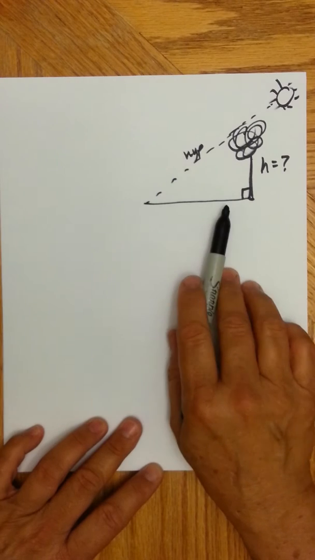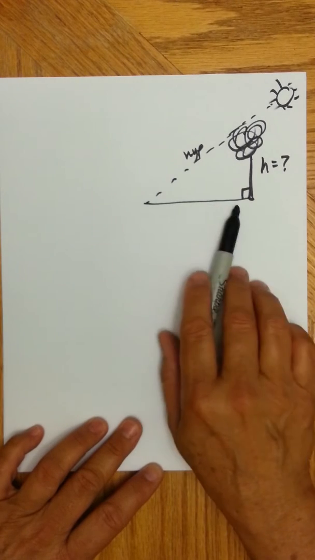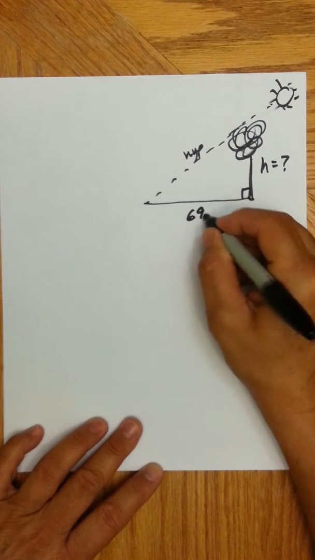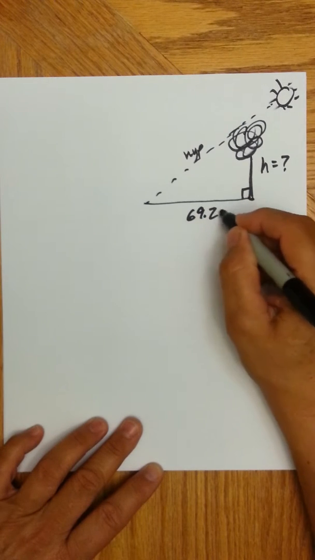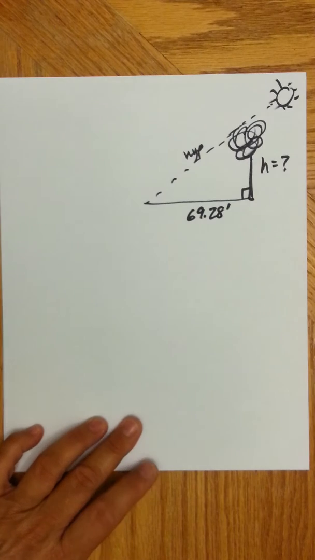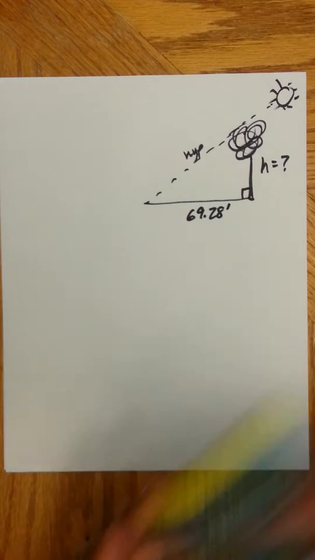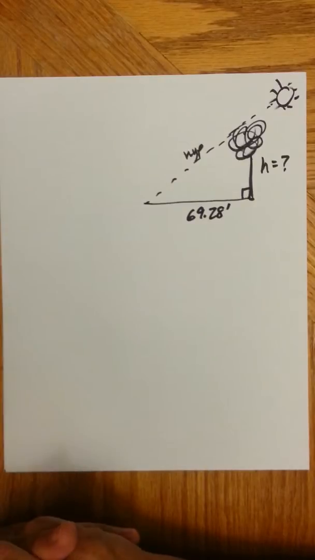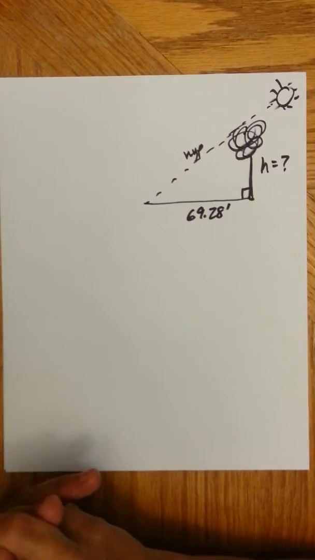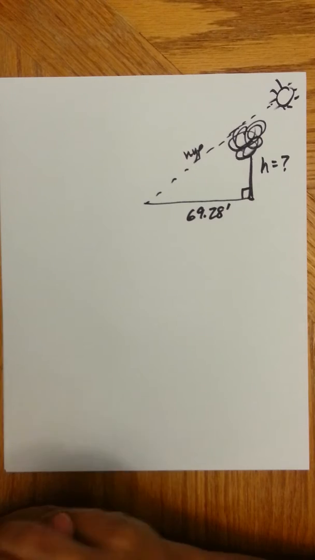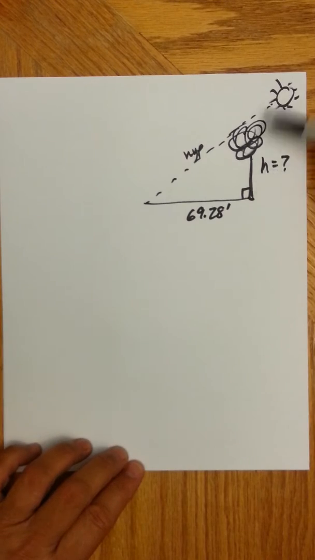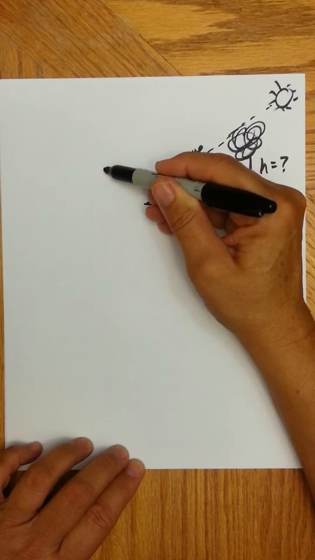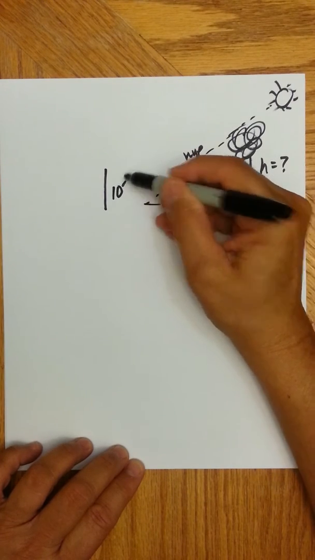And this shadow, let's say we were to measure this shadow, which we can because it's on the ground, and let's say it's 69.28 feet. Okay? So then, if I want to try to figure out the height of the tree, I can use similar triangles and say, well, the tree's too tall for me to measure, but let's say I take a board that I know is 10 feet tall.